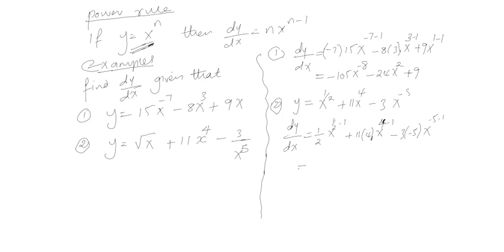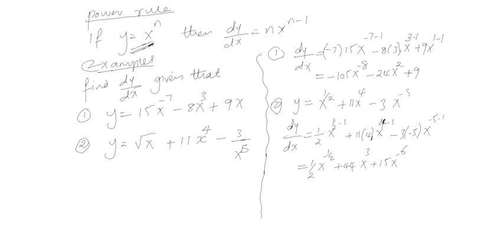So this one gives me a half x, the power becomes negative a half, plus 44x power 3 plus 15x power negative 6.